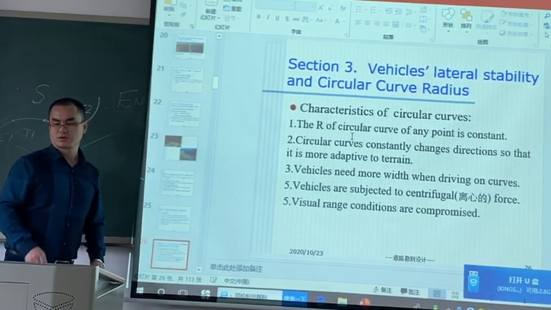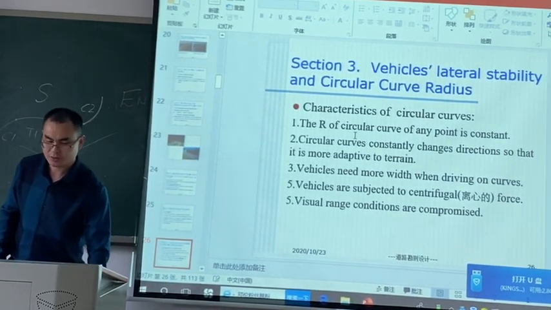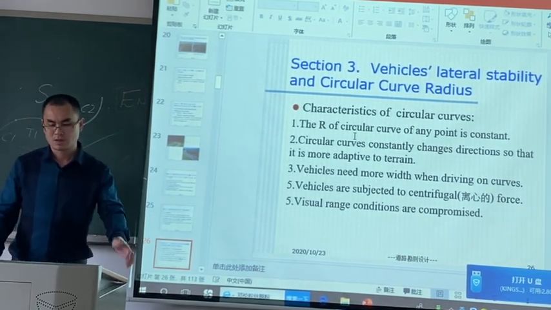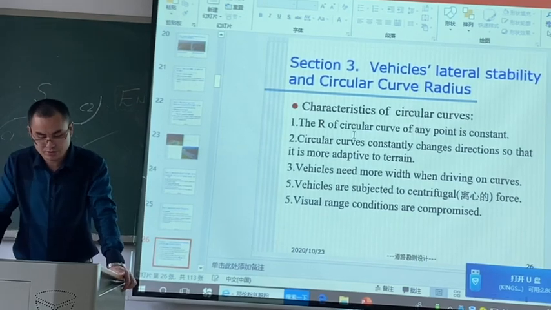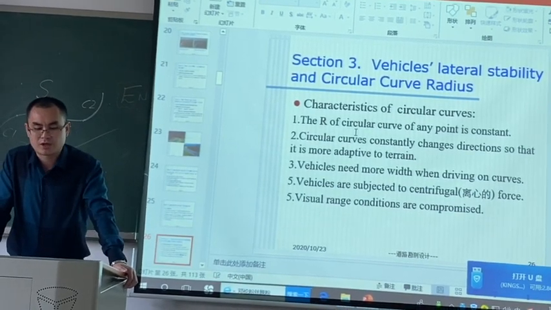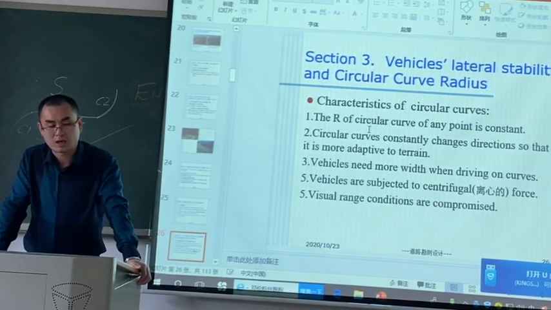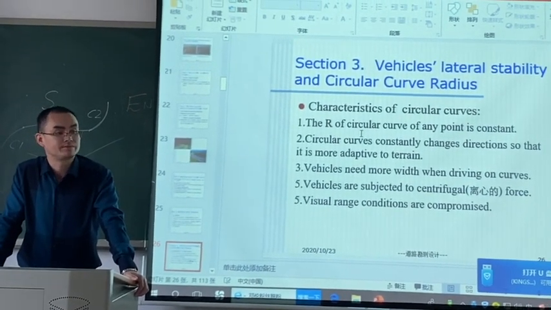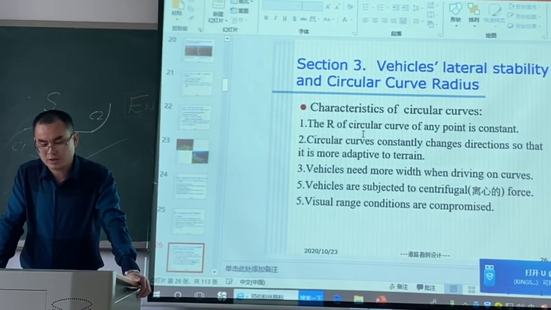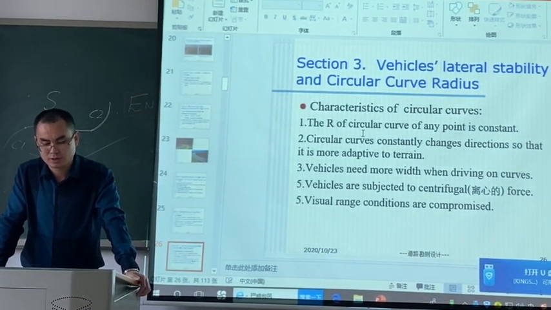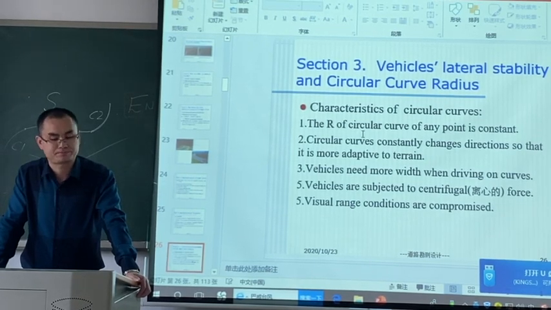Vehicle's lateral stability and circular curve radius. Characteristics of circular curves: the radius of a circular curve at any point is constant. Circular curves constantly change direction so that they are more adaptive to terrain.